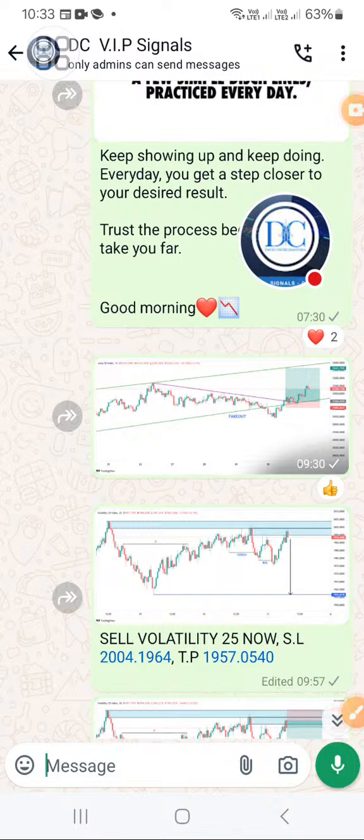I only noticed it today that this is what took place. Which asset was it? Okay, it's Volatility 251S.